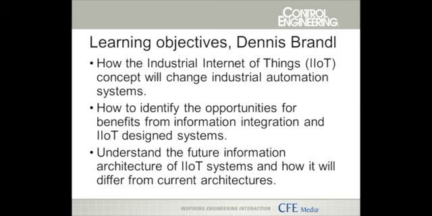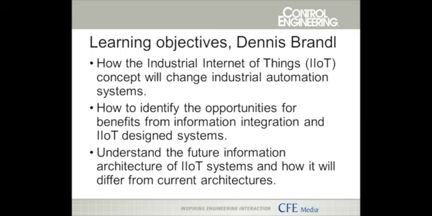Thank you, Mark. I appreciate it. Now, what we're going to talk about today is what IIoT, the Industrial Internet of Things, means in the industrial automation context, and how it's going to integrate all the information used in a complete facility.